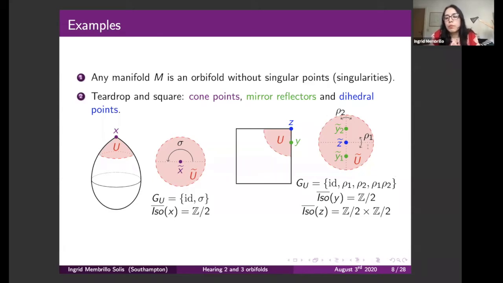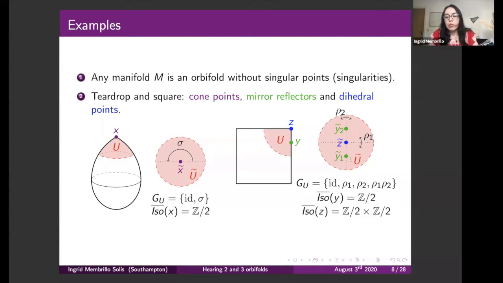In this case we can also take an open ball U tilde, and let rho 1 and rho 2 be two reflections acting on this ball. And so we can identify one side of the ball to the other half of the ball.